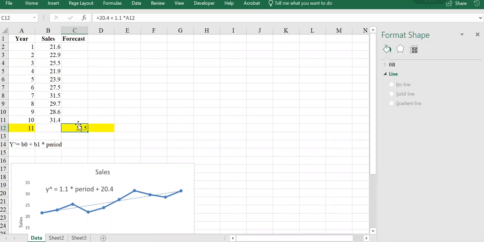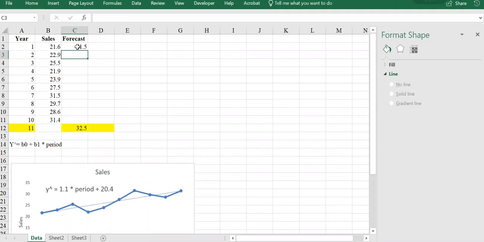So if we use the same equation for each period from year 1 to year 10, so 20.4 plus 1.1 times year 1. I just put period, but it's annual, so it's year, actually year 1.